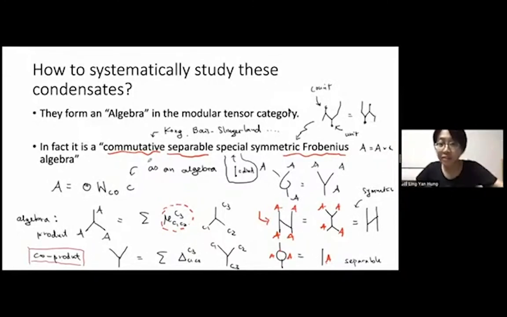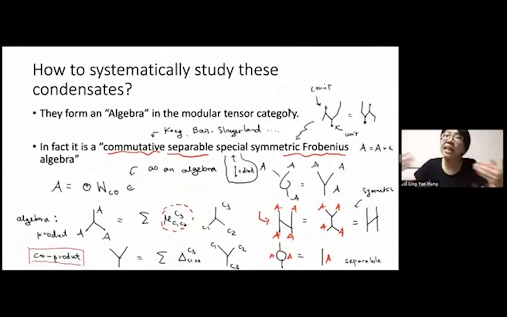So in order to tell whether a collection of anyons can condense together, these are the physical constraints. So you take this set of anyons and you try to solve for these numbers that would satisfy all these conditions. If you manage to find these numbers, then it means that these anyons can in fact condense. And if no such solutions exist, it means that these anyons cannot condense together.